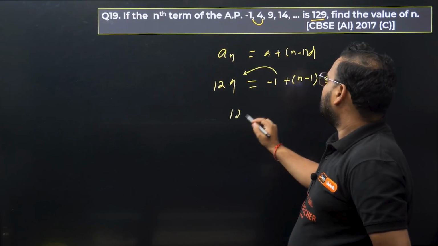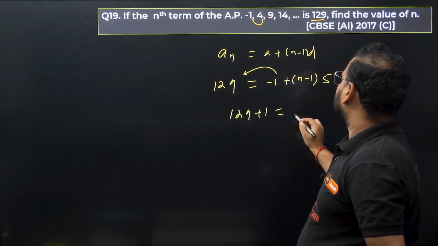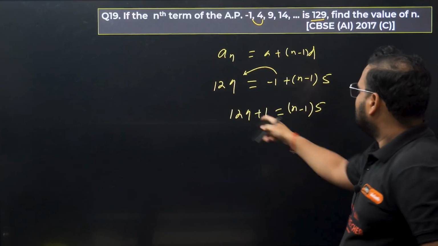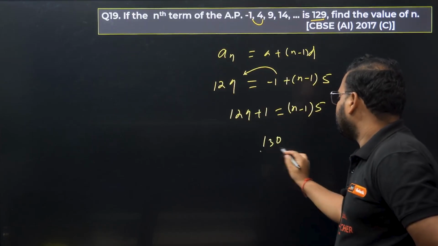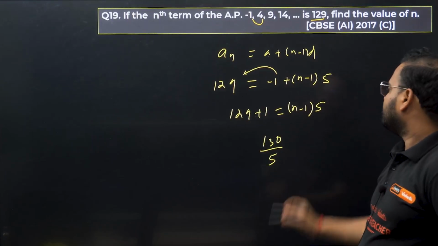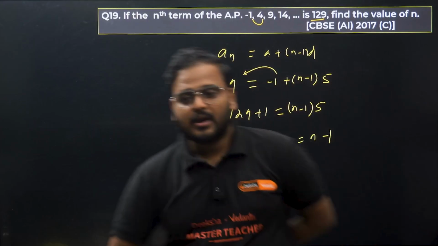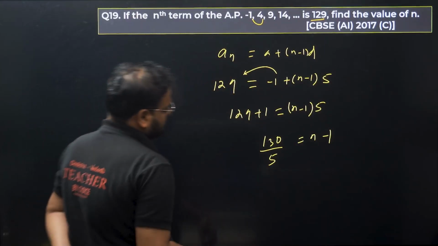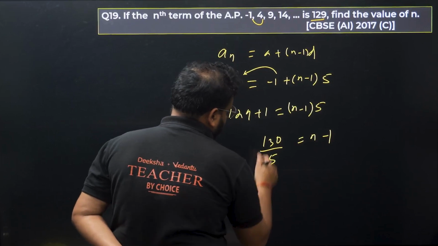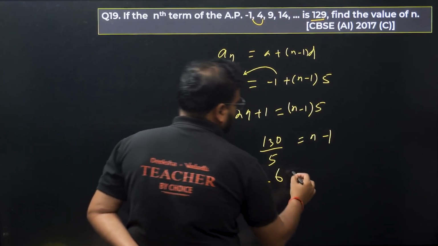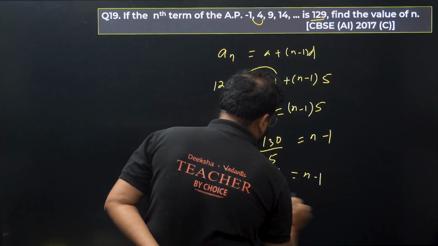I get 129 plus 1, that is 130, divided by 5 equals n minus 1. Now divide this. 5 times 26 is 130. So 26 equals n minus 1.